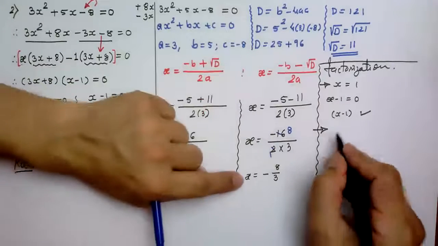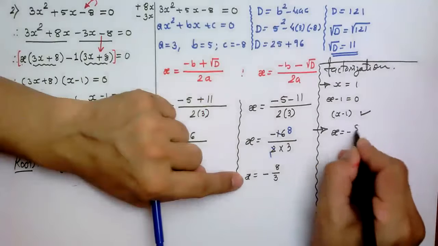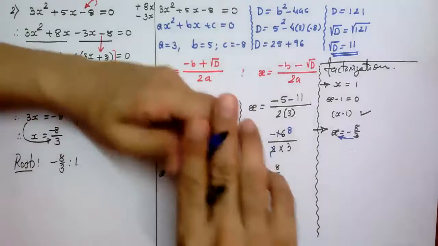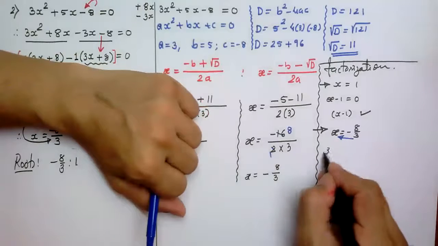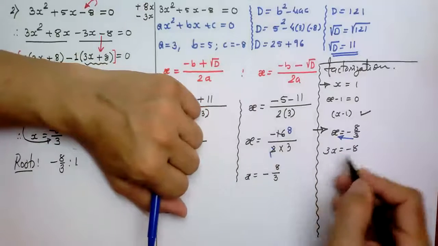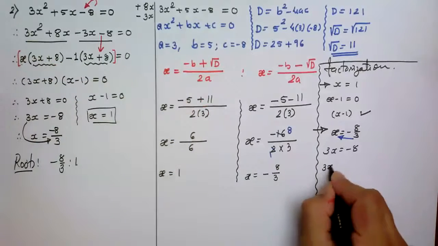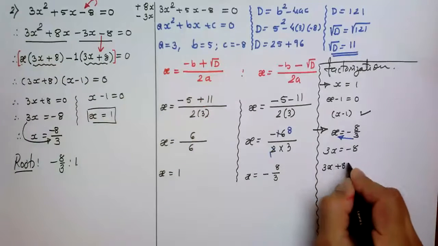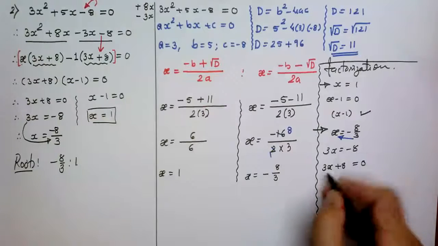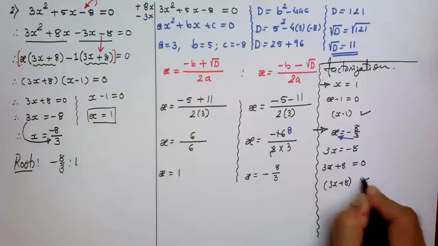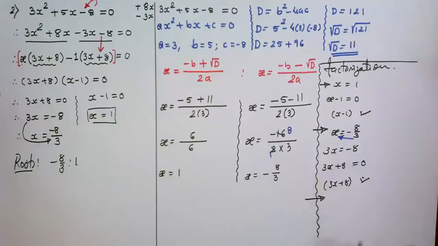Next, this x is equal to minus 8 by 3. Go for the cross multiplication over here. So 3 times x is 3x, that is equal to minus 8. Bring this minus 8 on the left. So you have plus 8 is equal to 0. So the second factor is 3x plus 8. Okay, so I can give the answer in this way.